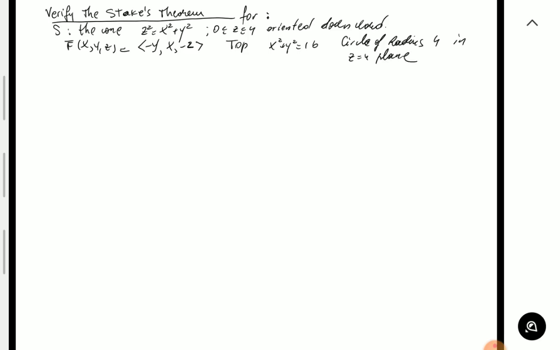Right, so let's actually sketch this cone here. It's going to be open upward. Like that. And then this is z equals 4, let's say, and this is basically the top.